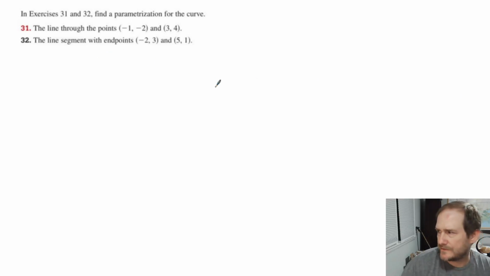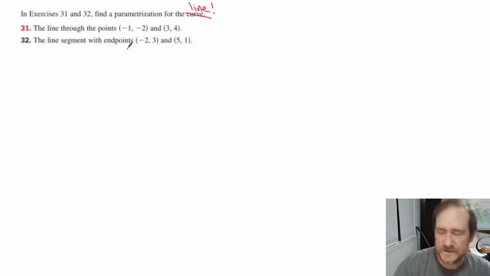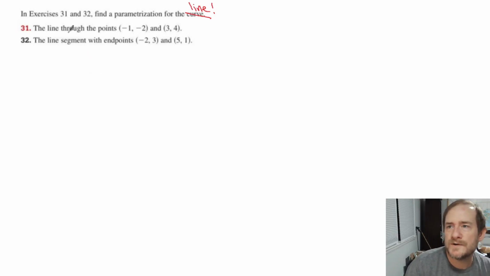These should be pretty straightforward too, because this is really just a strict formula. If you're trying to write the parametrization for a line, these aren't really curves, they're just lines. Now technically we use curve generically to mean any shaped graph. But if we're doing a line, then my advice was start by writing a vector equation.